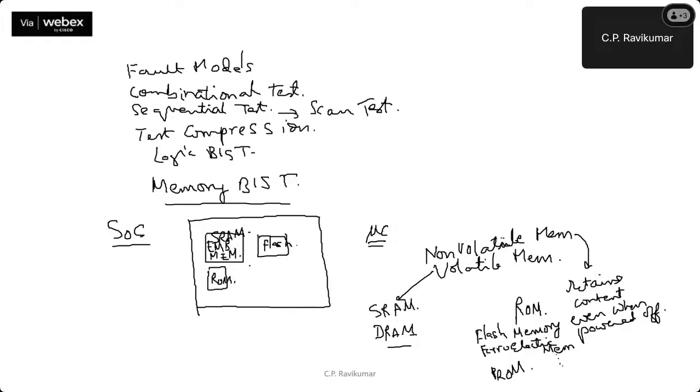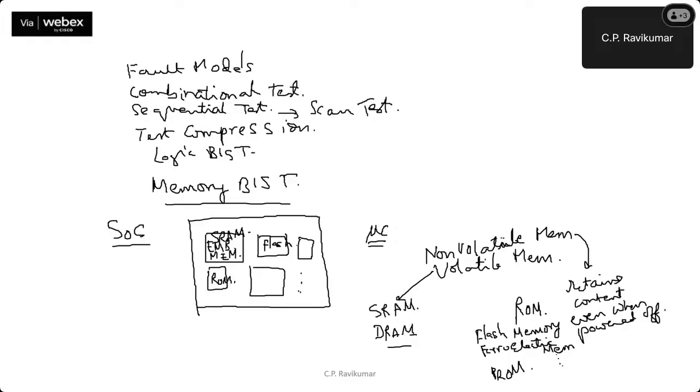It is very common to find a number of such memory modules in the chip because there are usually many processors on the chip, and there may also be accelerators like image processing hardware.